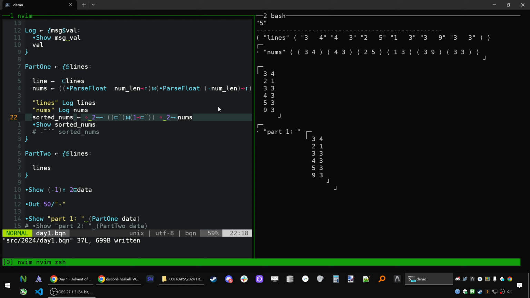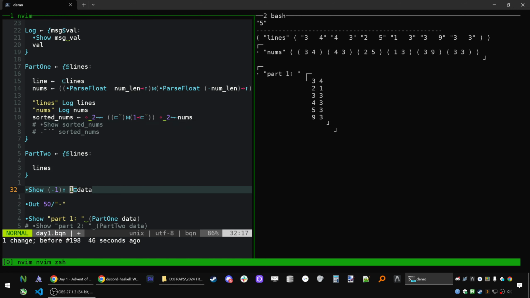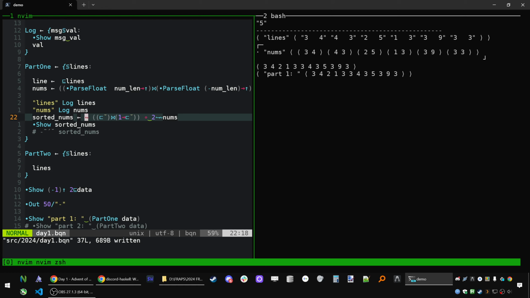Hmm. Oh. Show again. 3, 4. That's why 3, 4 is this guy, but I'm flattening it so it's not. I didn't flatten correctly at all. So it's not at all copy and pasting. So all the thing I was talking about being cool is not the case.